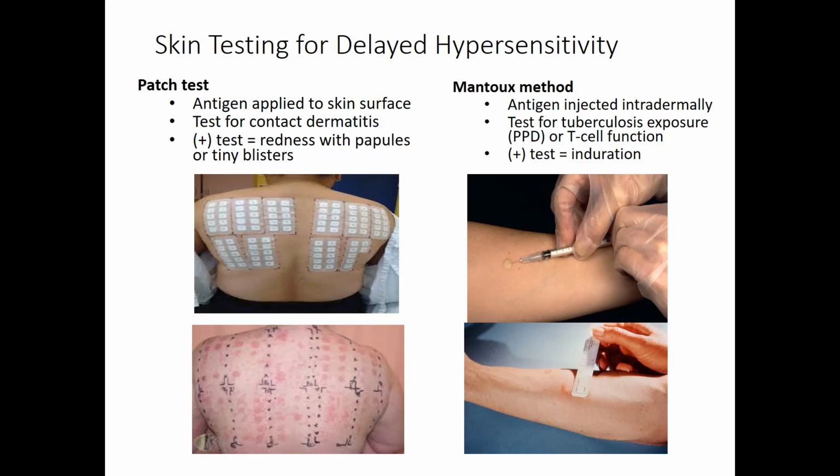And they inject it intradermally, which means it's just under the skin. So you should understand intradermally. It's just underneath the skin. They wait no less than 48 hours, no more than 72 hours, and check to see if there's what we call an induration, which is kind of a raised hard area. And they measure the size of the induration, and it has to hit a certain threshold in order to be tested as positive.